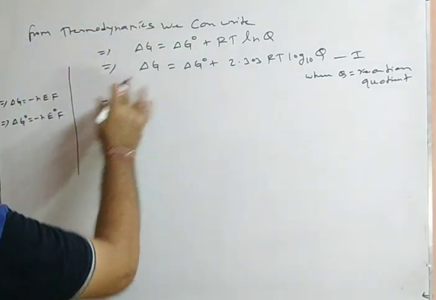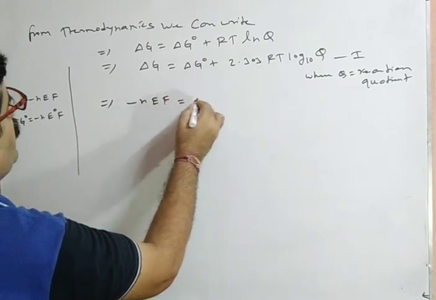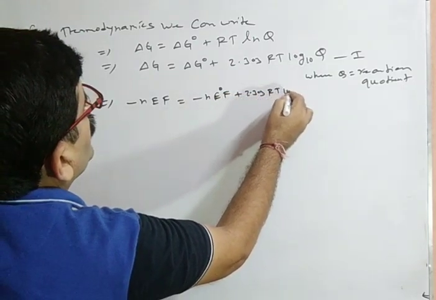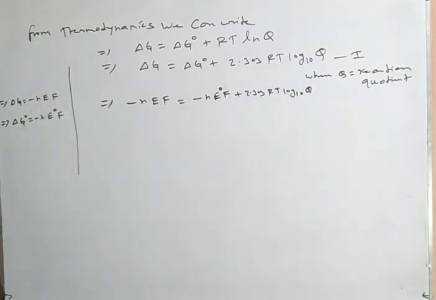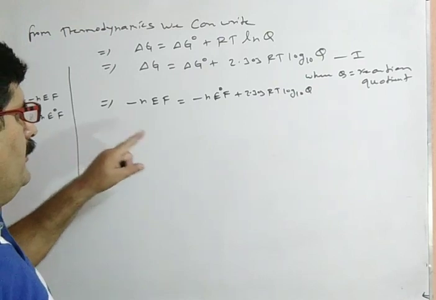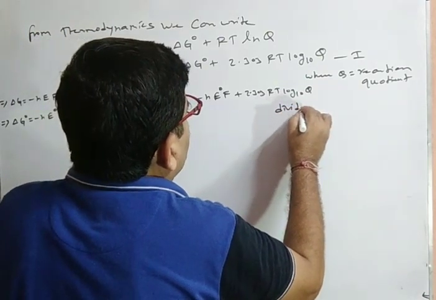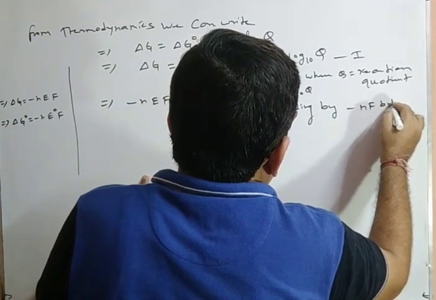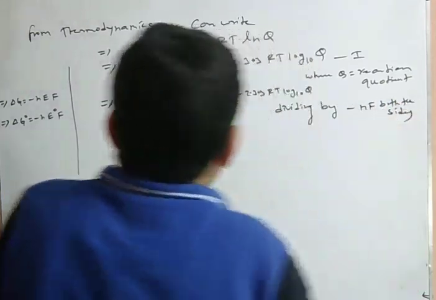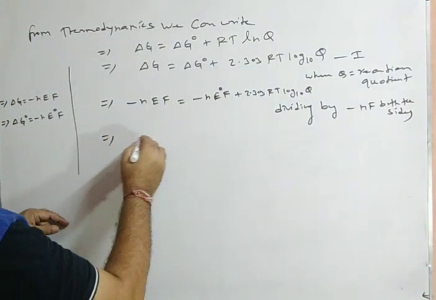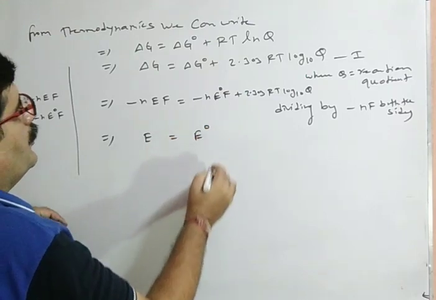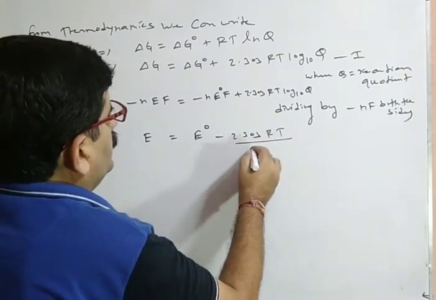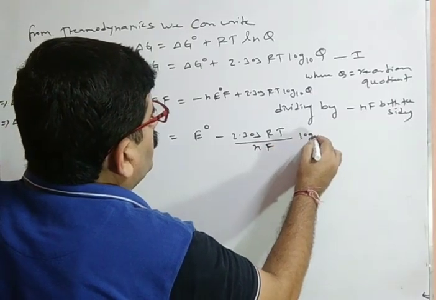So we can write minus nEF is equal to minus nE naught F plus 2.303 RT log base 10 Q. Dividing by minus nF on both sides, we get E is equal to E naught minus 2.303 RT divided by nF log base 10 Q.